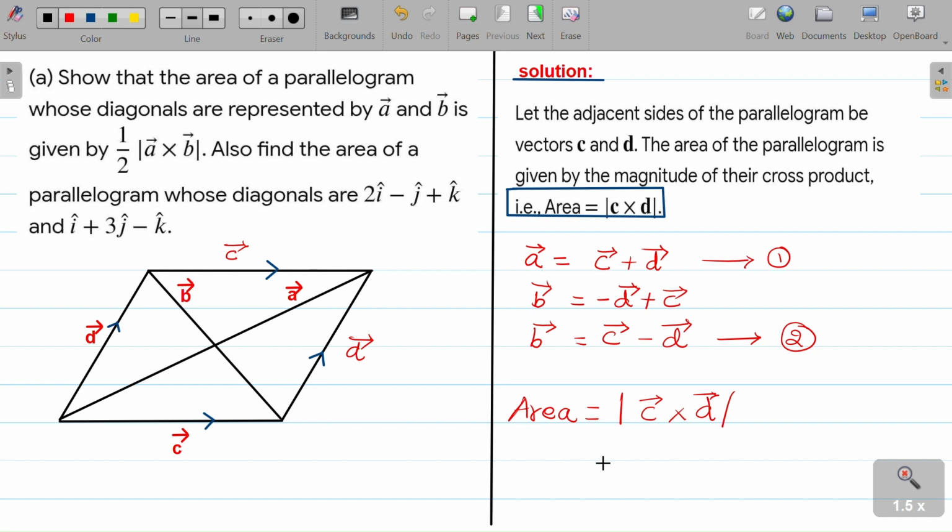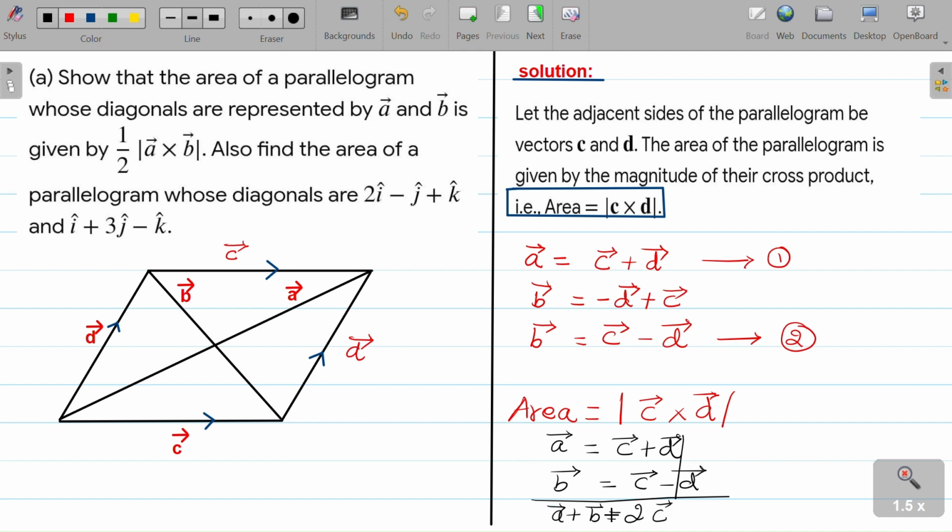So from here I can derive the c vector. What is a vector? a vector is equal to c vector plus d vector, and b vector is equal to c vector minus d vector. If you add these, plus d vector and minus d vector will cancel. So this side becomes 2c vector, and the other side becomes a vector plus b vector.